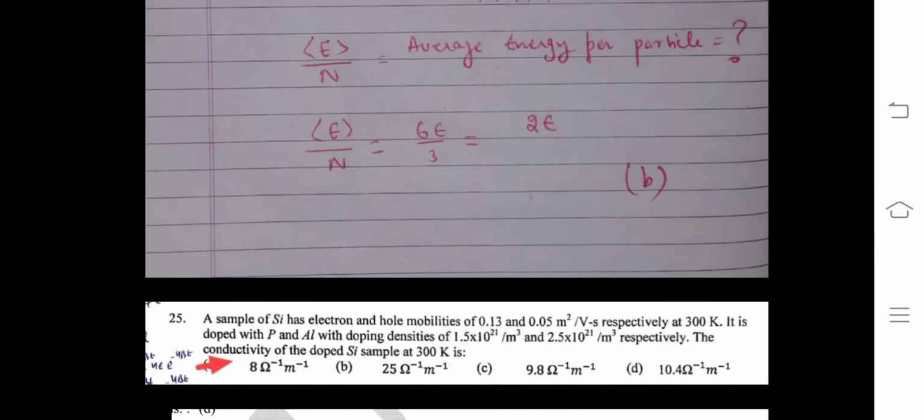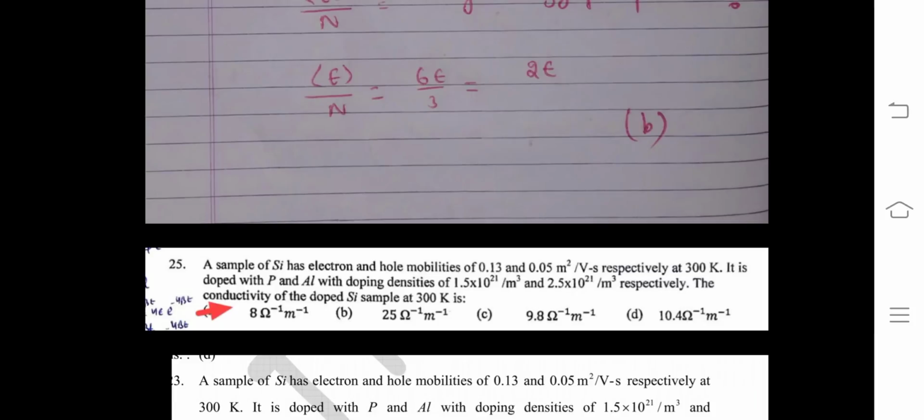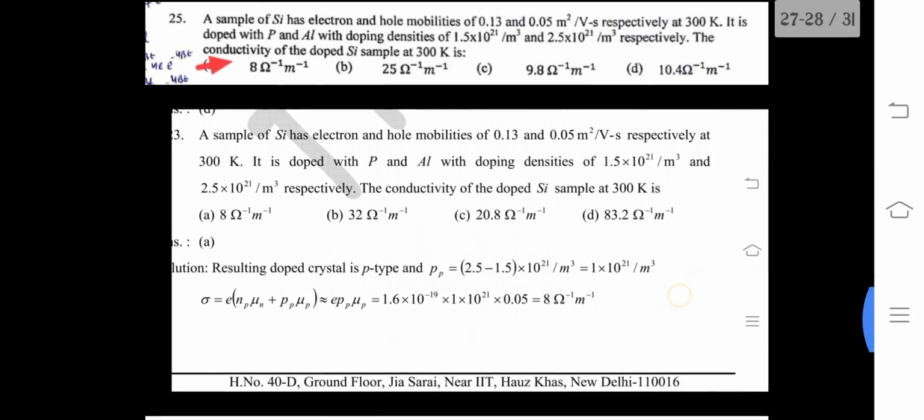So the next question is, a sample of silicon has electron and hole mobilities as 0.13 and 0.05 at 300 Kelvin, and it was doped with phosphorus and aluminum with doping densities of 1.5 into 10 raised to the power 21 and 2.5 into 10 raised to the power 21, sorry, not minus 21, plus 21 again. The conductivity of doped silicon would be, and it is one of the previous year questions of NET in electronics.